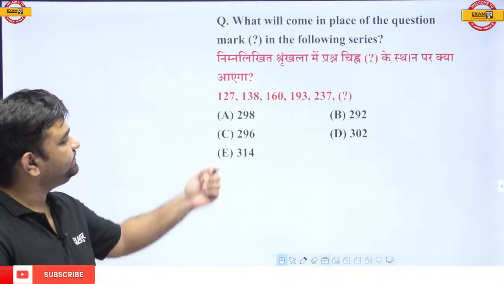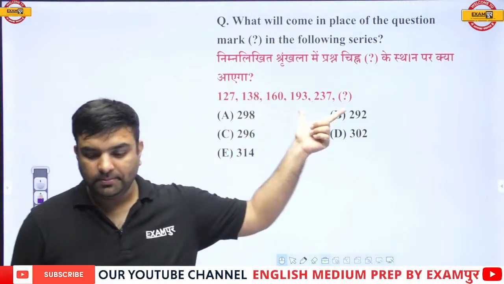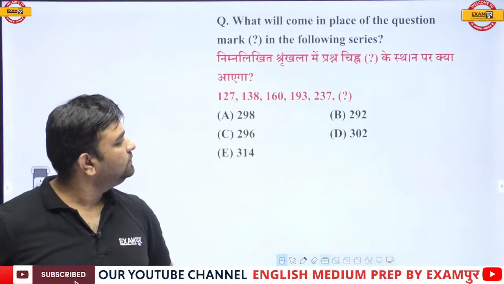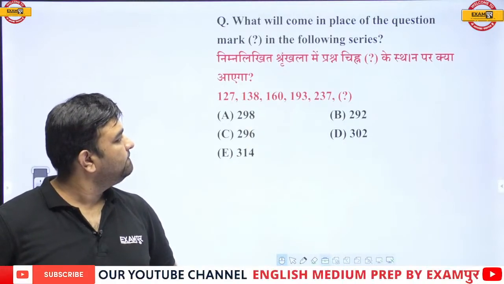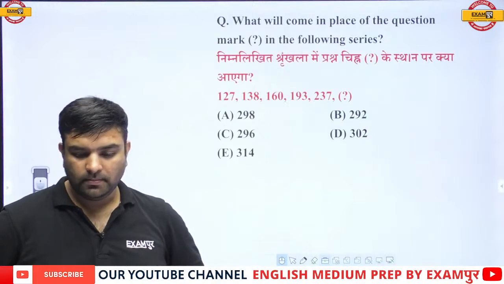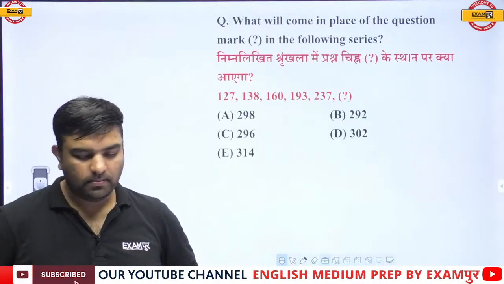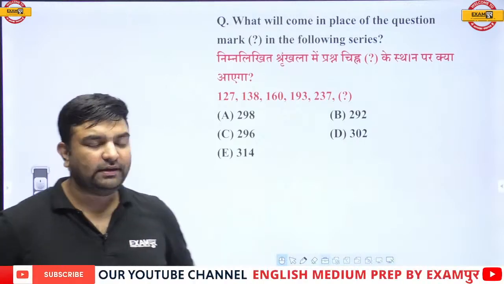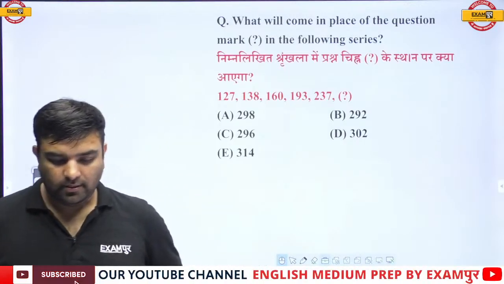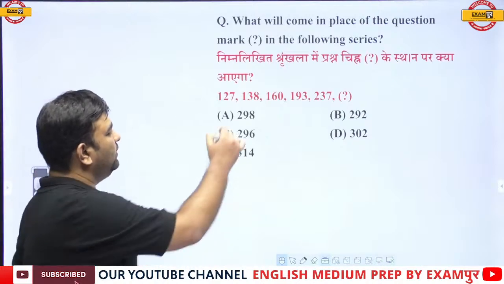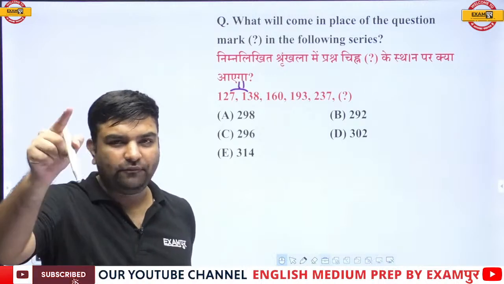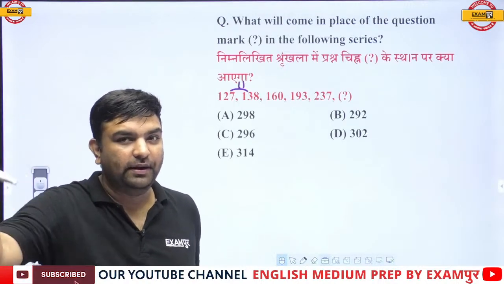Identify it. 1, 127, 138, 168, 193, 237. Go for the difference because it's not increasing very tremendously.